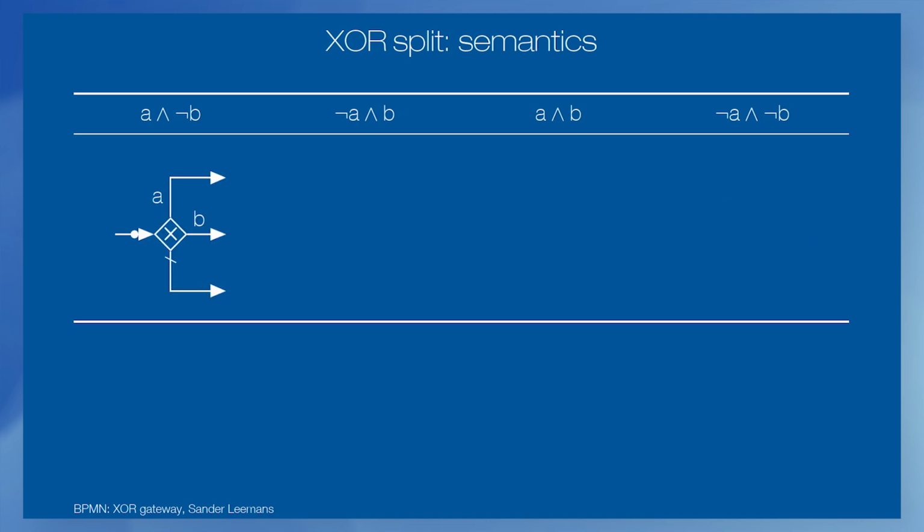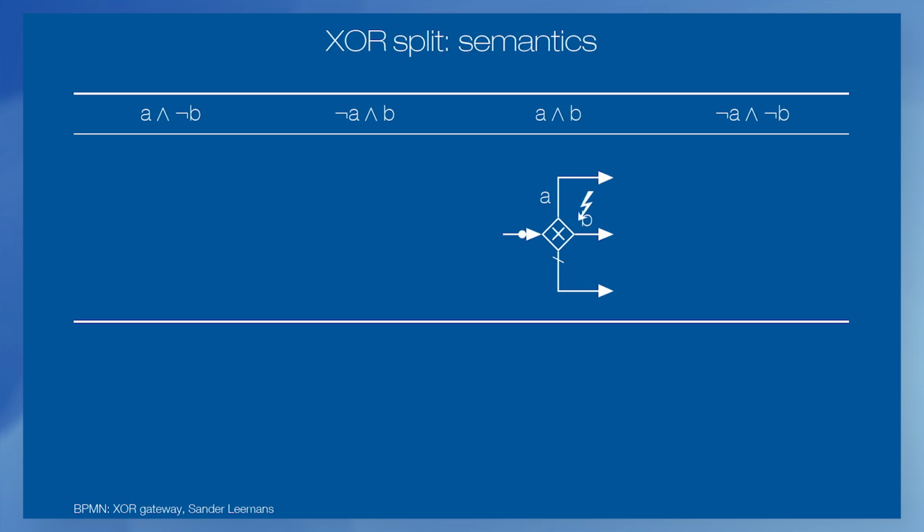Now let's look at what happens if we have the default there. If A holds and B doesn't, there is no issue. It just works as before and the token gets forwarded to A. If A does not hold but B holds, then the token gets forwarded to B. In the case that both A and B hold, here we still have a problem because we still don't know which way we should forward the token, to A or to B. The default doesn't help us because that would simply add a third option.